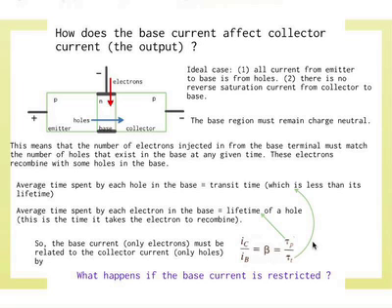Now what happens if I start restricting the electrons here? Discuss for about a minute. It's a little bit of a complicated situation, so think carefully here. And the hint is that, remember, this is a reverse bias p-n junction, and this is a forward bias p-n junction. Think about it.